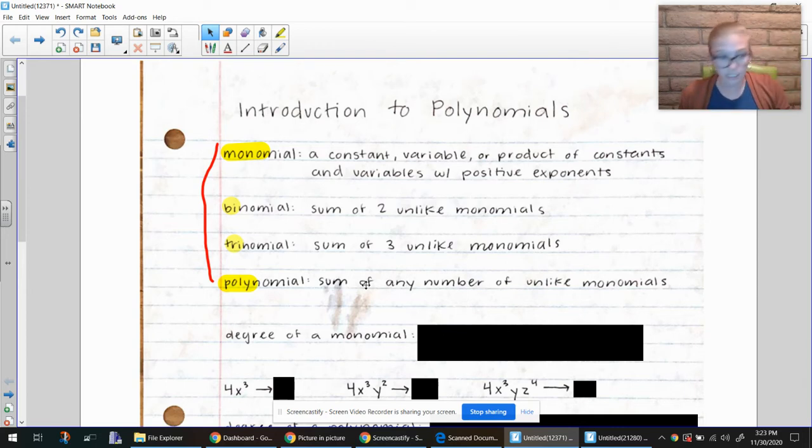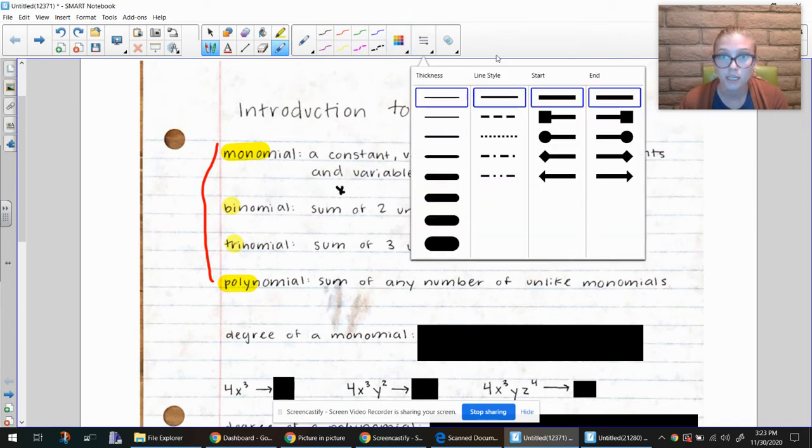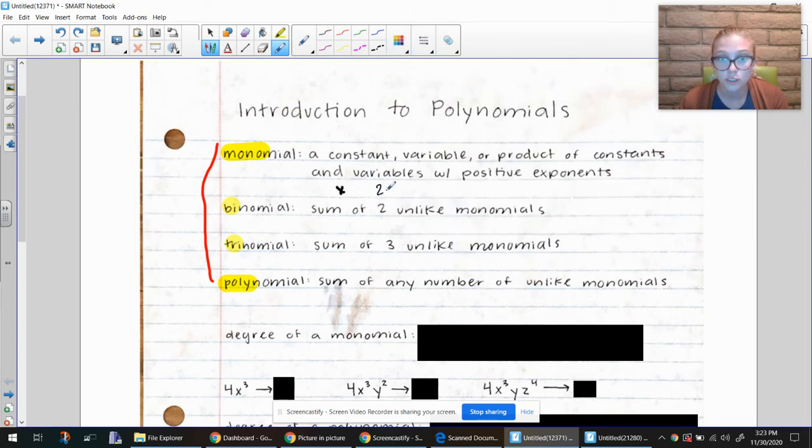So let's look at a couple examples of these polynomials. Like we said before, an example of a monomial might be x. It might be 2x, it might be 3xy squared z, as long as there's no addition and subtraction.